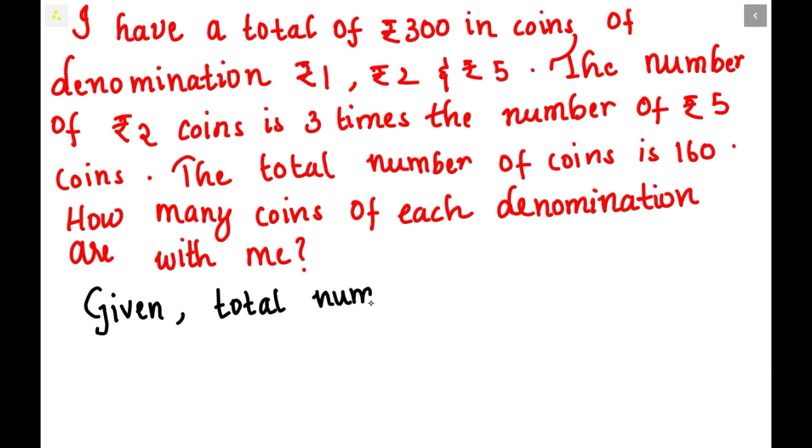Given: total number of coins is 160. There are 5 rupees coins, and we have some hint with them. So let us keep the number of 5 rupee coins as variable x.